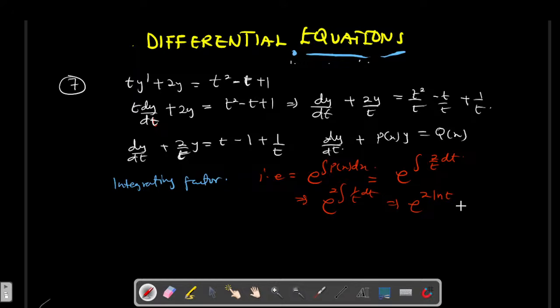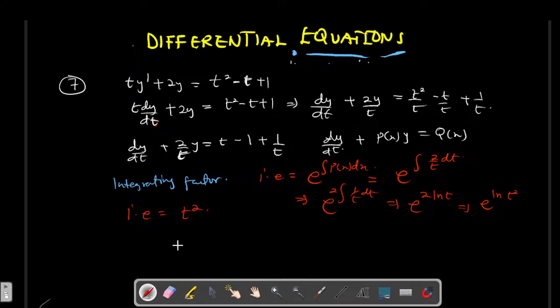The 2 can be the power of what? By logarithmic rule, I can say that I'll have e to the power ln t to the power 2, right? And anytime you have e to the power ln, everything here will go away. Then the answer will be t squared. So my integrating factor IF is simply equal to t squared.